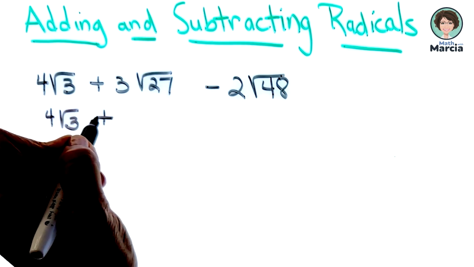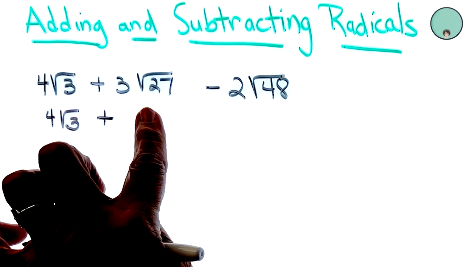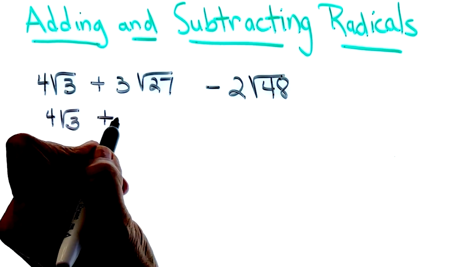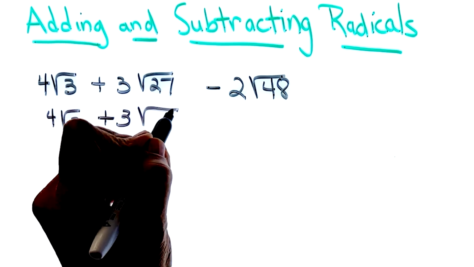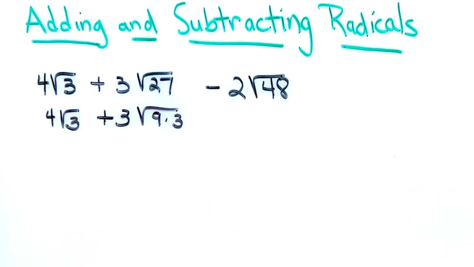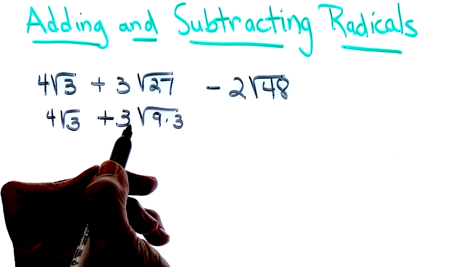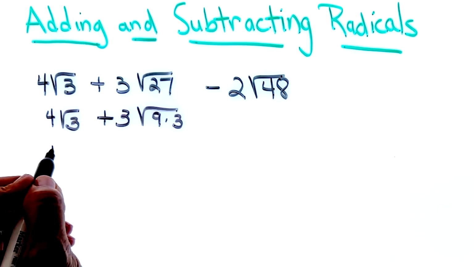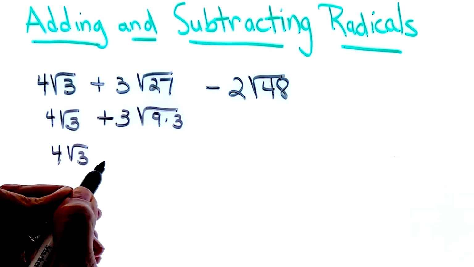Now I'm going to attack 3 square roots of 27 and see if I can simplify it. Well, I know that 9 times 3 is 27, so that will be able to be simplified. Continuing simplifying them, I'm going to bring my 4 square roots of 3 down.